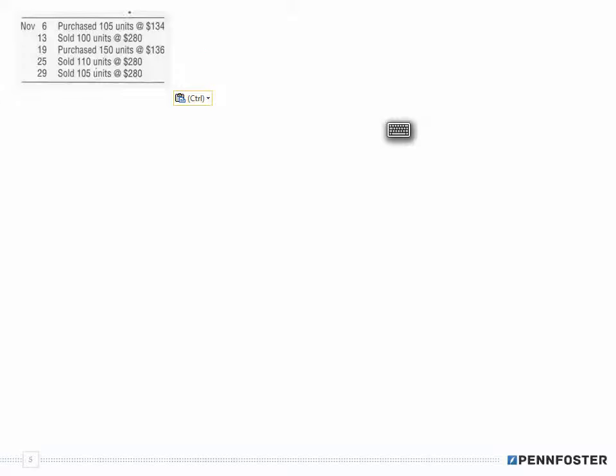Okay. So we had started out with 95 units at a total value of like $11,400, I believe it was, but that's my beginning inventory. I don't need to make an entry for that. So I have to make an entry for these transactions as they occur. So on 11.6, I'm going to purchase 105 units at 134, right?